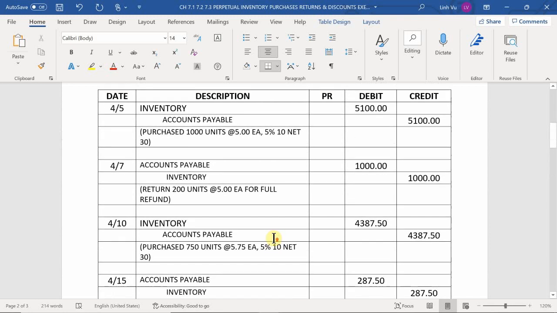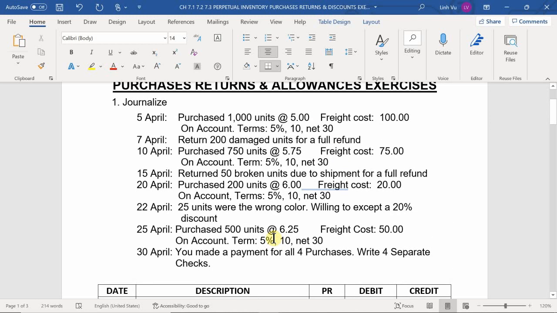Now in this case, on the 22nd of April, 25 of those mugs were the wrong color, and we were willing to accept a 20% discount.